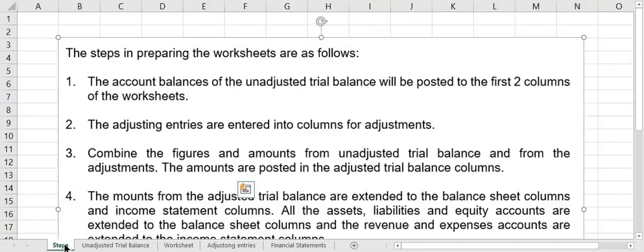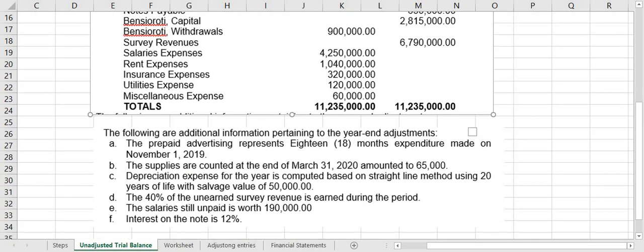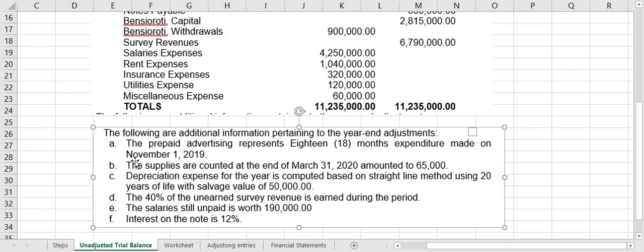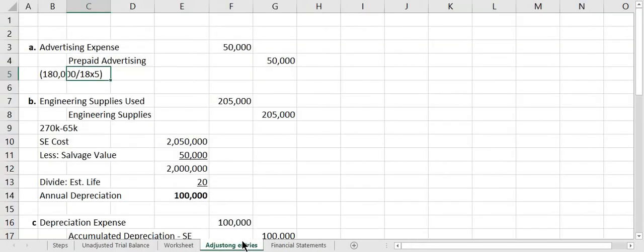So, let's proceed to step 2. The adjusting entries are entered into columns for adjustments. So, based on the information here, we have accounts that need adjustment at year end. So, you have to prepare adjusting journal entries for this information. Okay? But for this discussion, we already have the adjusting entries.